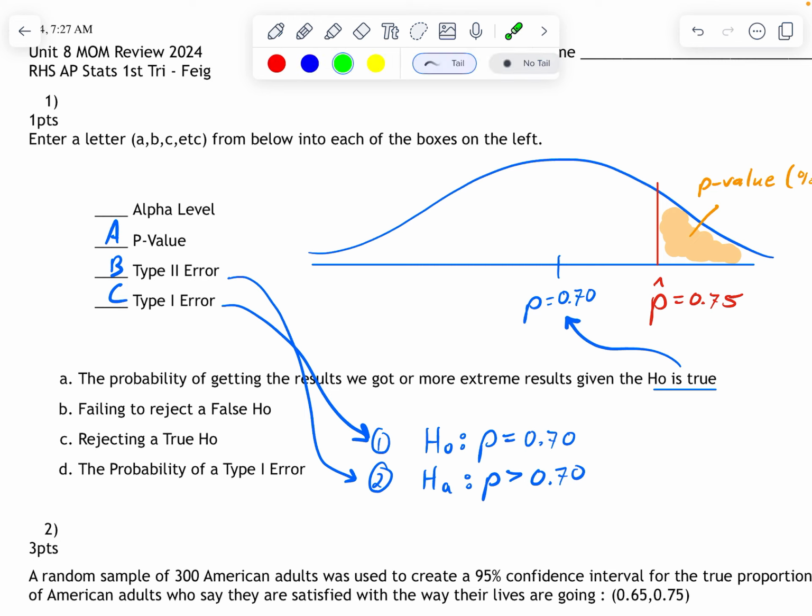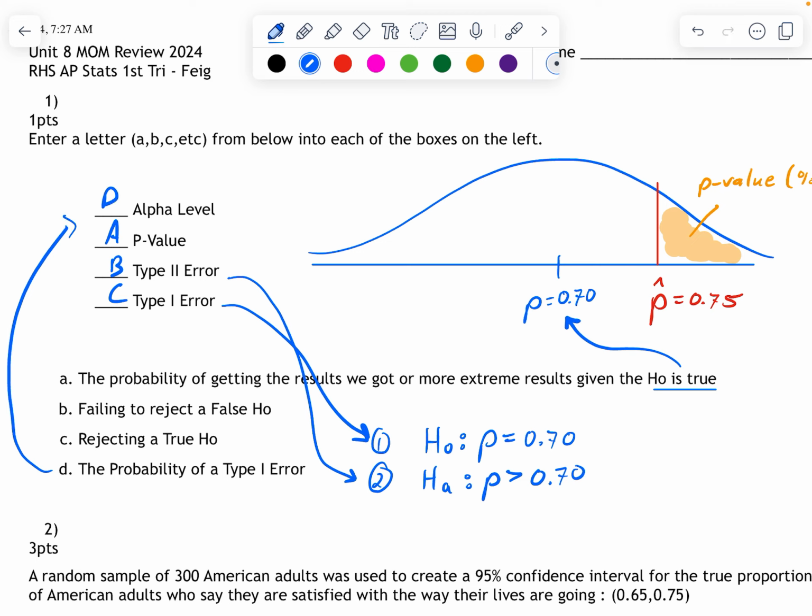So this orange shaded area is the probability of getting a sample located here or greater. So it's the probability of getting this result or more extreme, which is why it is shaded to the right. And so that is A, which I already put in there. And then process of elimination, this is D.